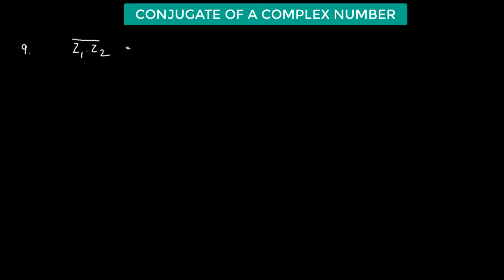That will be equivalent to z1 bar times z2 bar. Again, I'm leaving the proof as an exercise for you to try out. Similarly, for division, we have z1 divided by z2, and we take the conjugate of it. That is equivalent to saying we take the conjugate of z1 and divide it by the conjugate of z2.